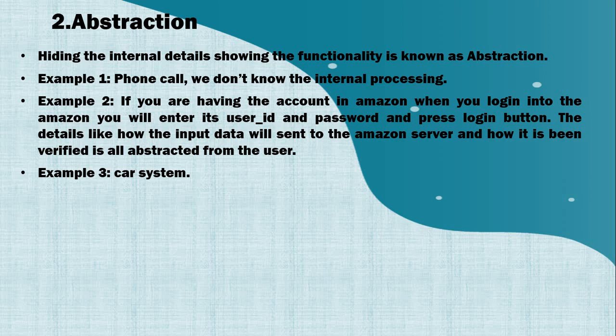For the user, the car is one single object, but internally it is managed by several subsystems. The user will not know the internal working of the car; he just uses it for riding. So this is abstraction.